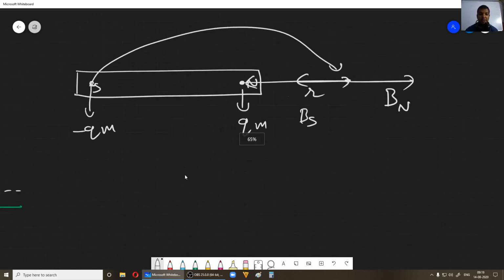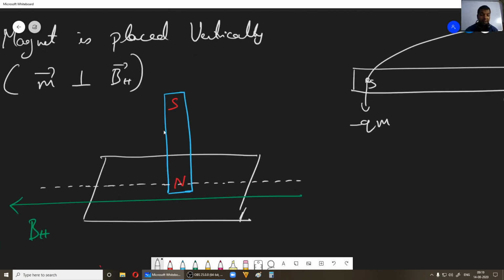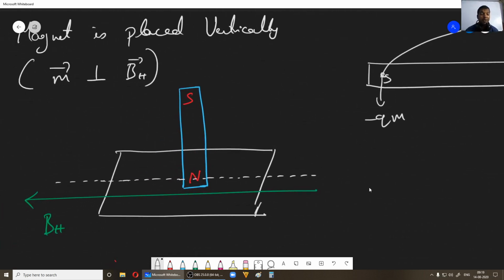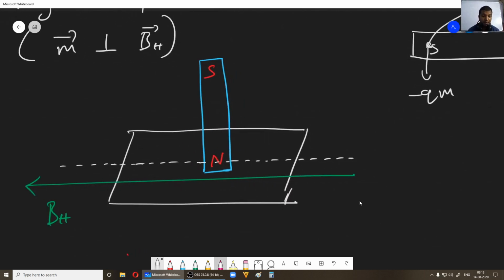Now going by the same definition, going by the same approach, we will try to understand the location of the null point in this case, okay? So here, as you can see, the magnetic moment of the bar magnet is this way, right? Now say the length of the bar magnet is 2L, I mean the magnetic length, the distance between the poles, okay?